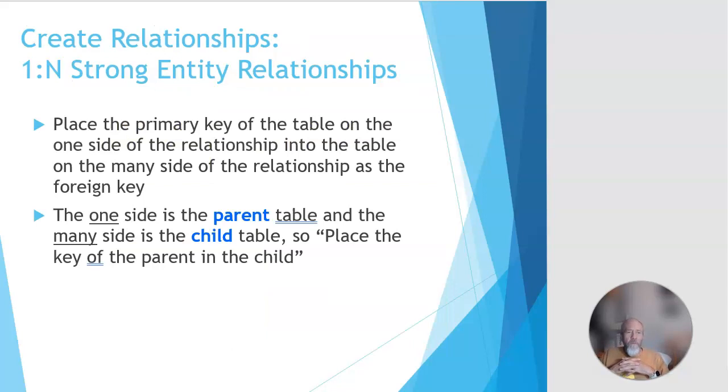So in the case of a one-to-one, they are specifically parent-child. In the one-to-many, it makes a lot of sense that the parent is the one and the child is the many.